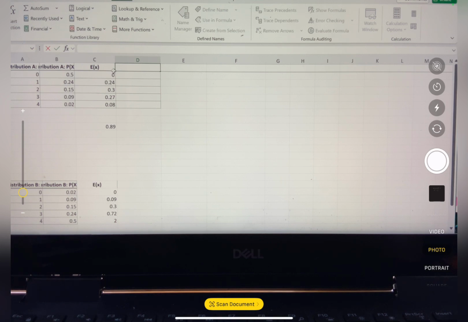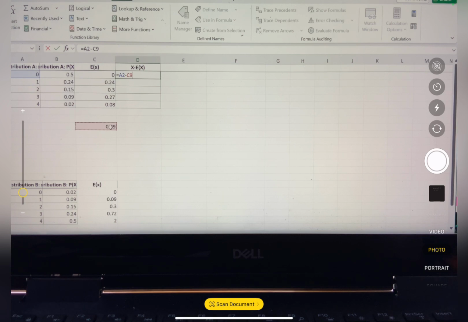First it's going to be X minus the expected value, and the probability of X. Every single X, in this case the first is 0, minus the expected value, which is here, 0.89.